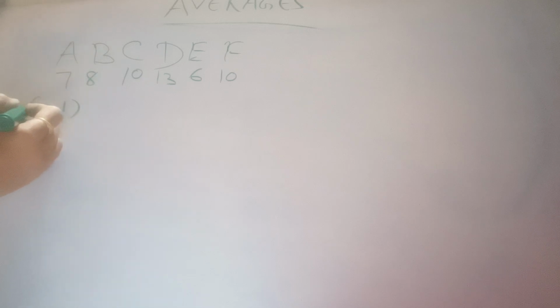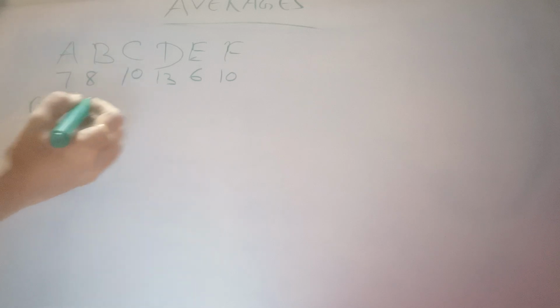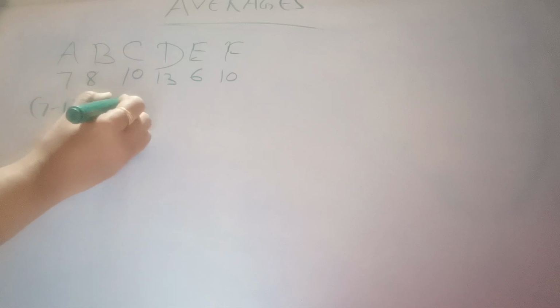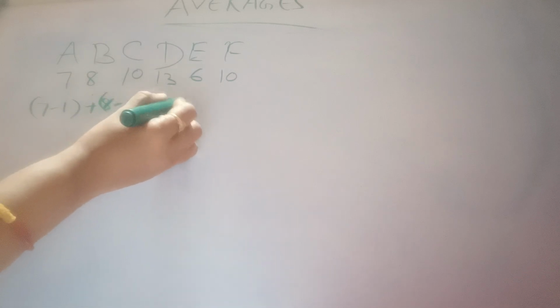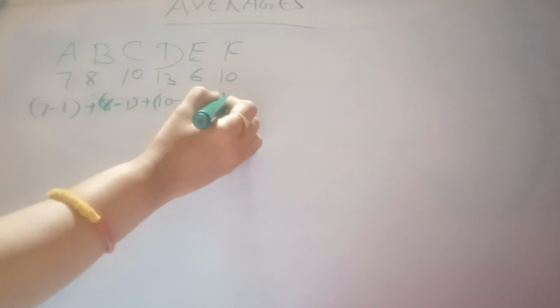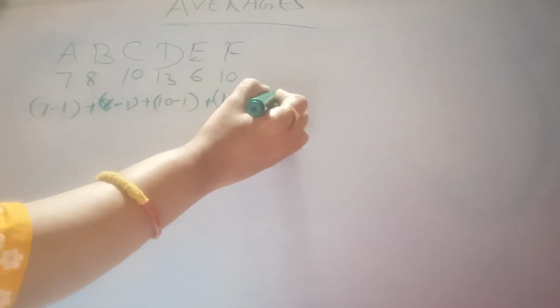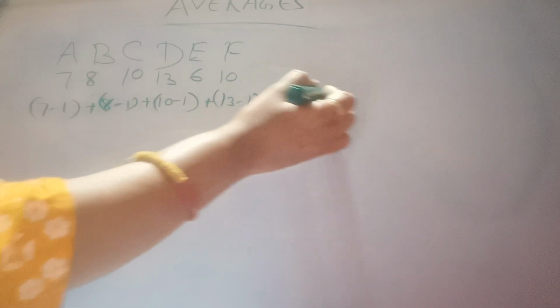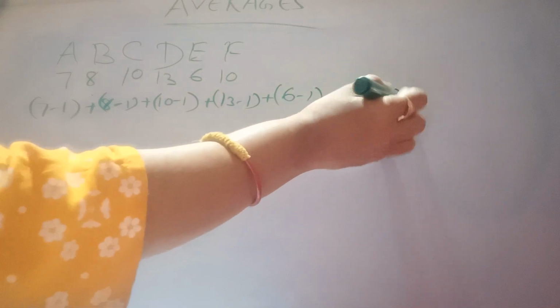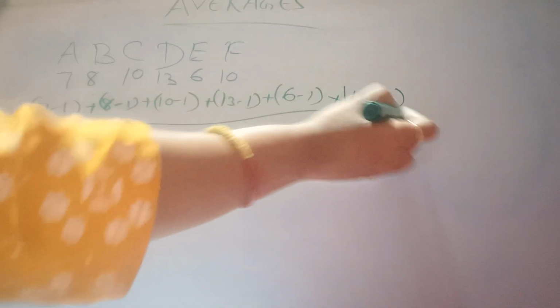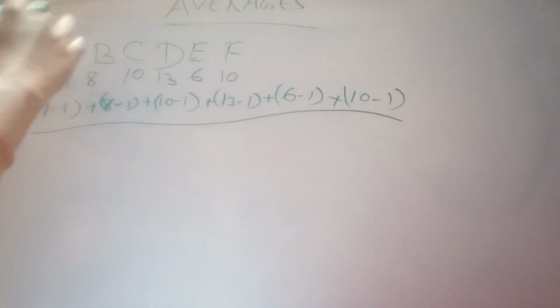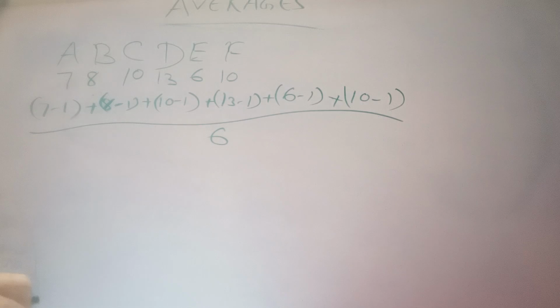Our required average is 7 minus 1 plus 8 minus 1 plus 10 minus 1 plus 13 minus 1 plus 6 minus 1 plus 10 minus 1, divided by how much? 1, 2, 3, 4, 5, 6.